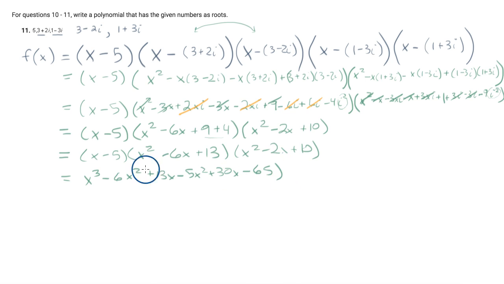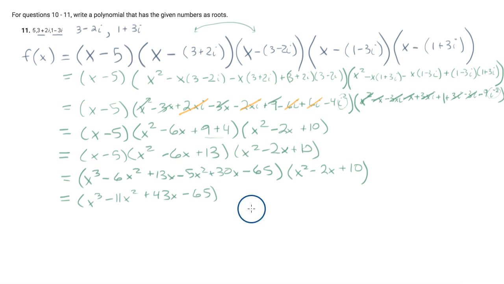And we still are going to have to simplify this and multiply it to x squared minus 2x plus 10. Okay, so let's simplify our parentheses first. So we'll get x to the third minus 11x squared plus 43x minus 65.